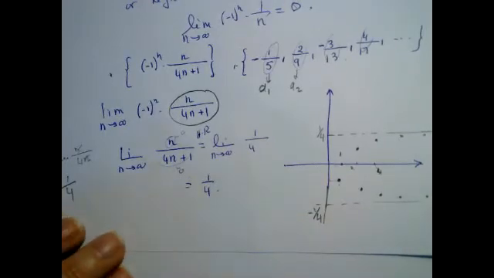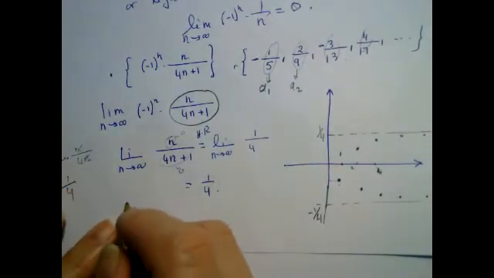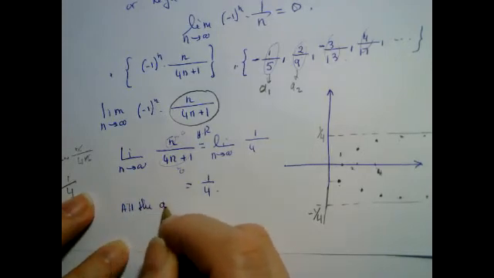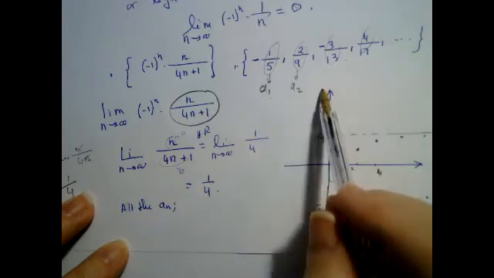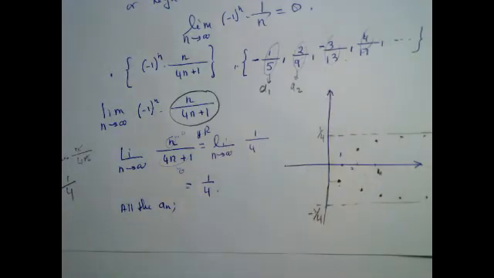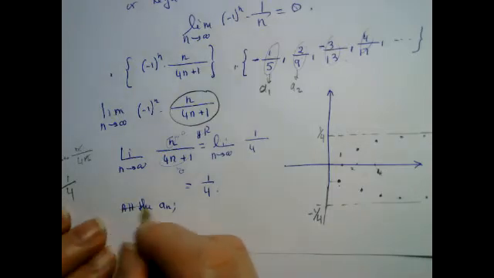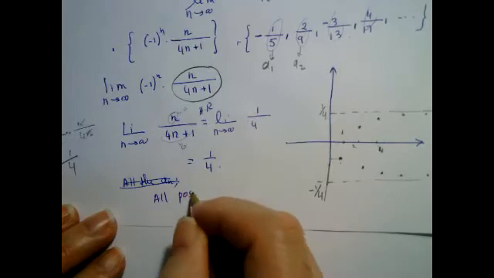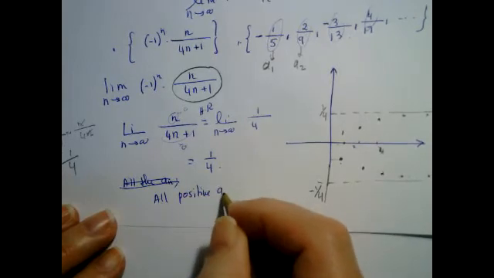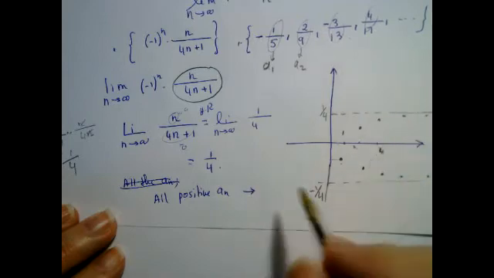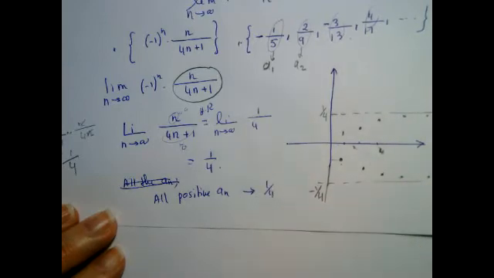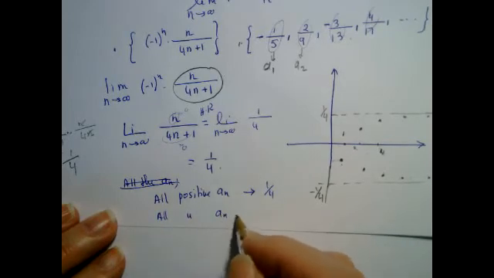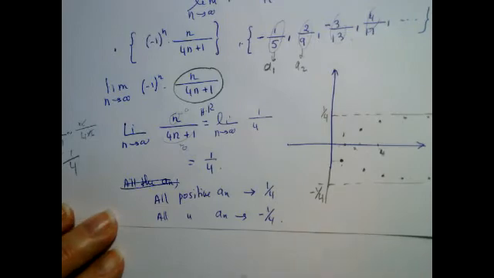That's really the picture. So now let's see what's happening here. According to my picture, all the positive AN are becoming close to 1/4, and all the negative AN are getting close to minus 1/4.